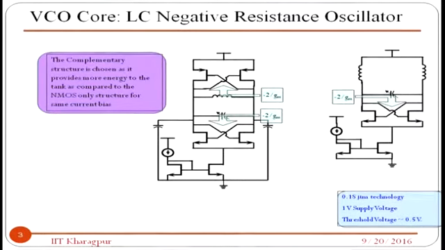Now, look here, when you have only the n-type cross-coupled pair, the impedance seen by this tank circuit, consisting of the L and the variable capacitors, is -2 by Gm.